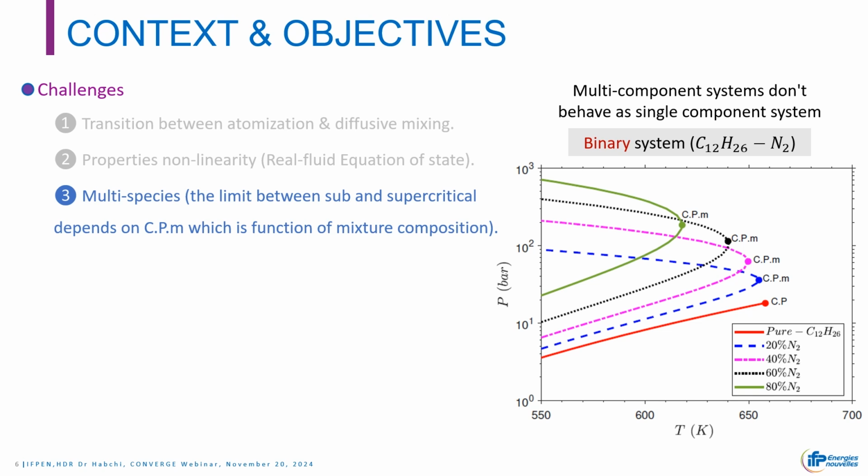As we can see in the figure on the right-hand side, when changing the percentage of nitrogen in the dodecane, the phase envelope in the TP diagram changes, and the critical point of the mixture changes location.